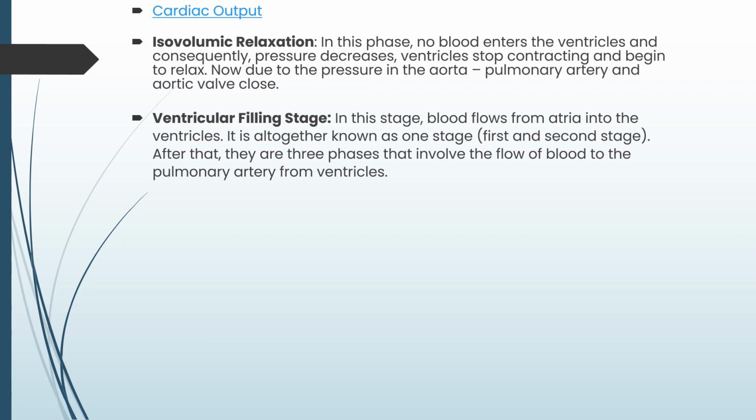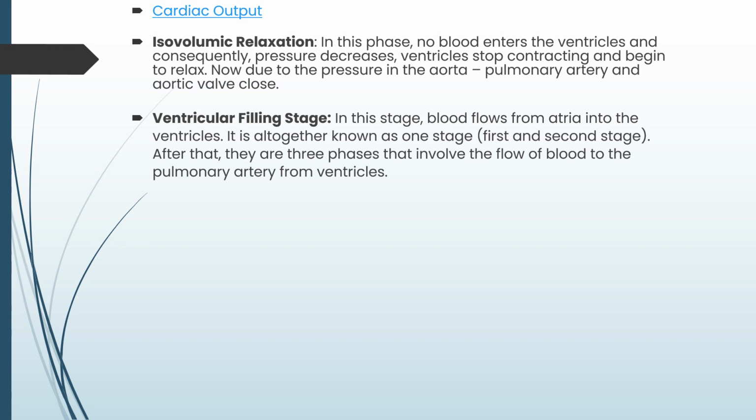Cardiac output, isovolumetric relaxation. In this phase, no blood enters the ventricles and consequently pressure decreases. Ventricles stop contracting and begin to relax. Now, due to pressure in the aorta, pulmonary artery and aortic valve close.